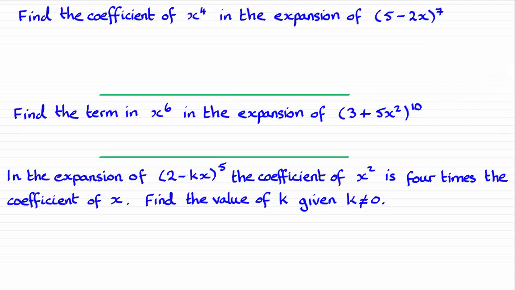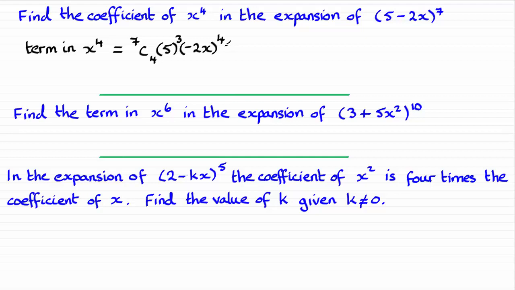Okay, welcome back then if you had a go. So in this first one, find the coefficient of x to the 4 in the expansion of (5 minus 2x) all to the power 7. Well, what we need to do is first of all look at the term in x to the power 4. And so it's going to be the minus 2x, which is going to be raised to the power 4, which is going to give us that term in x to the power 4.